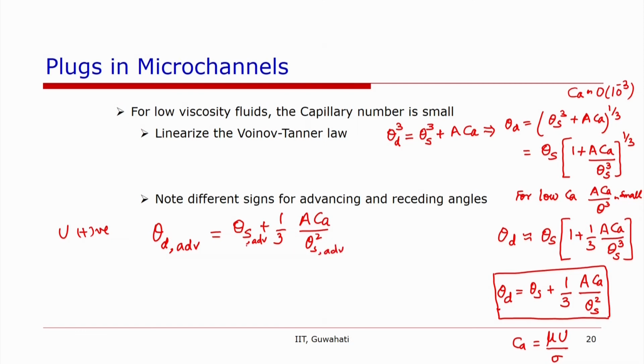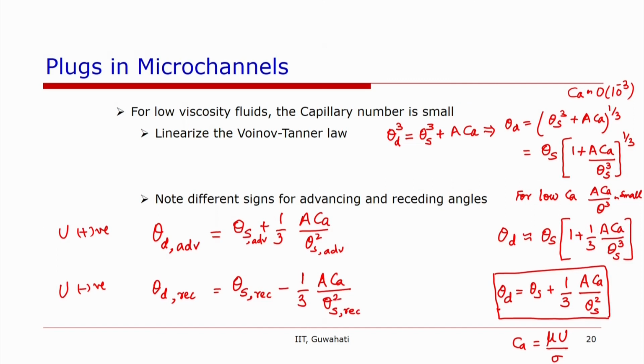So this is static advancing contact angle, and this is dynamic advancing contact angle. Similarly, when u is negative for the receding case, one will have theta d receding equal to theta s receding minus 1 by 3 A CA over theta s receding squared.